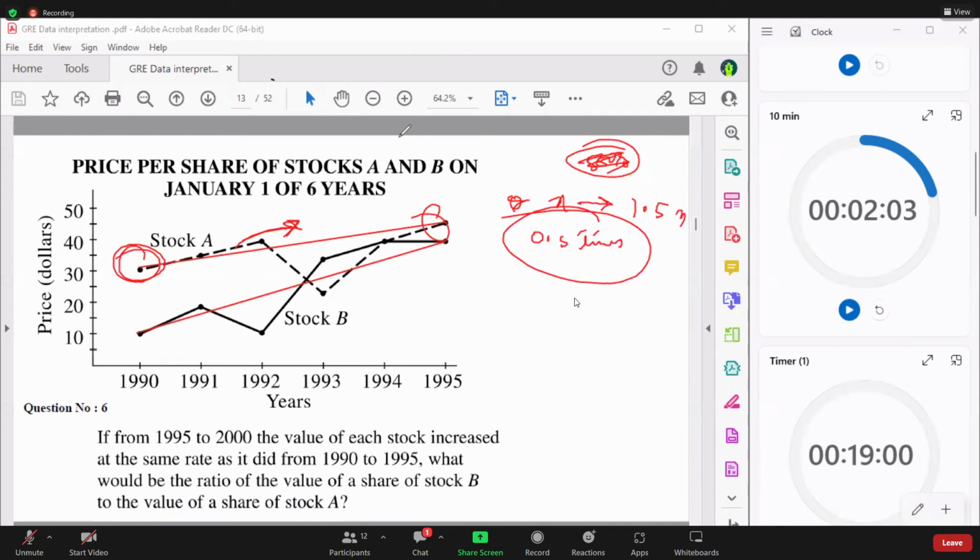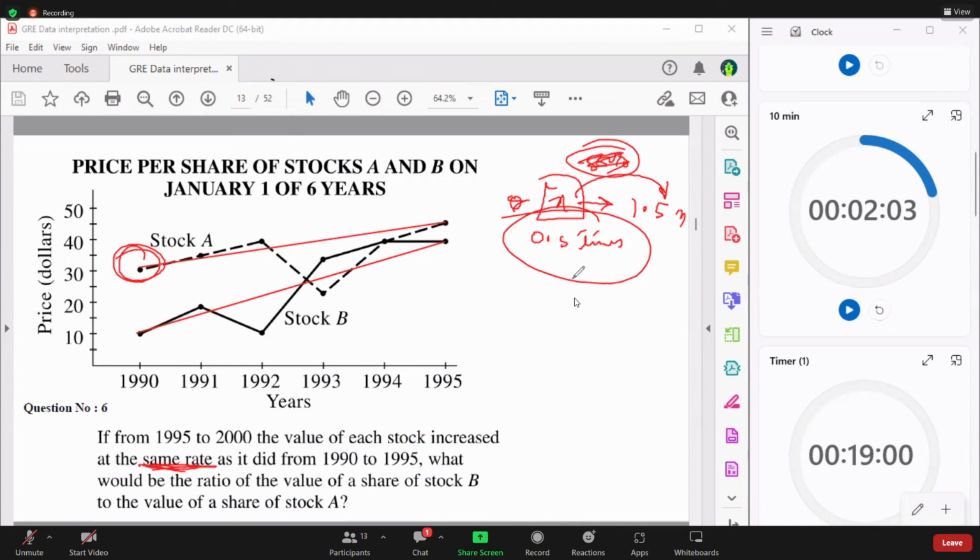If you're talking about dollars, or average increase, then it would have been mentioned as the same average rate or the same amount, and it would not have said same rate. Same rate is basically how many times of itself it is becoming.